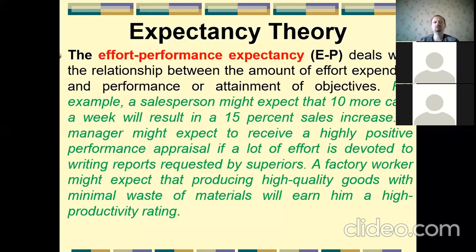So the first is effort performance. It means that every subordinate must feel that it is at least theoretically possible to perform, to attain some objective and to perform some task.